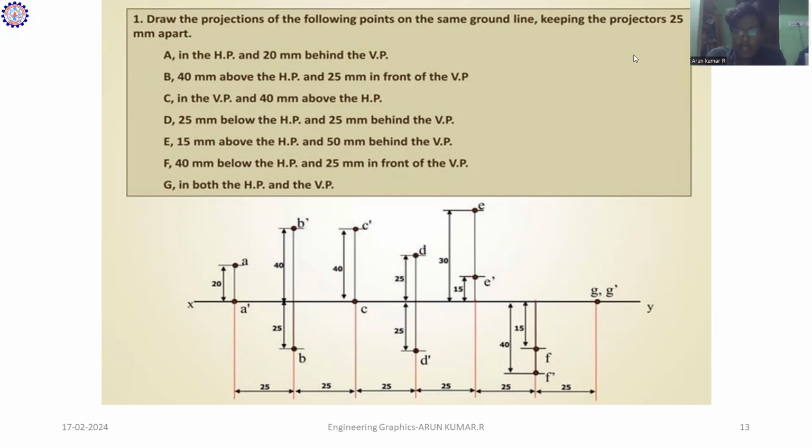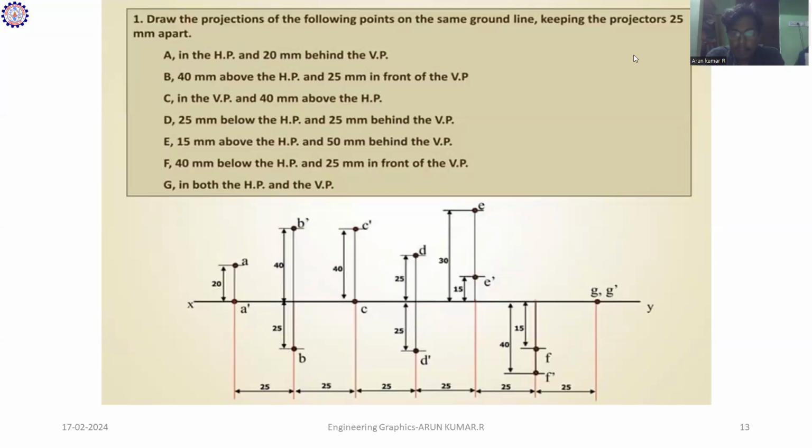Okay, let's move to the problem. A is in HP and 20 mm behind the VP, so the point's name is A. In HP means we represent it as a, and the front view as a dash.